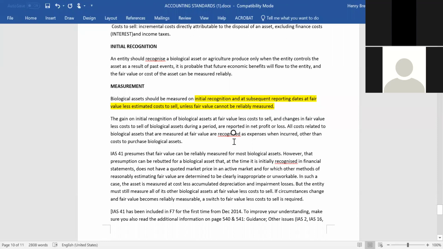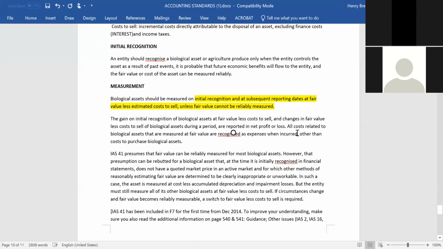The gain on initial recognition of biological assets at fair value less cost to sell and changes in fair value less cost to sell of biological assets during a period are reported in the net profit or loss account. That is in the statement of P&L account. All costs related to biological assets that are measured at fair value are recognized as expense when incurred, other than cost to purchase biological assets.